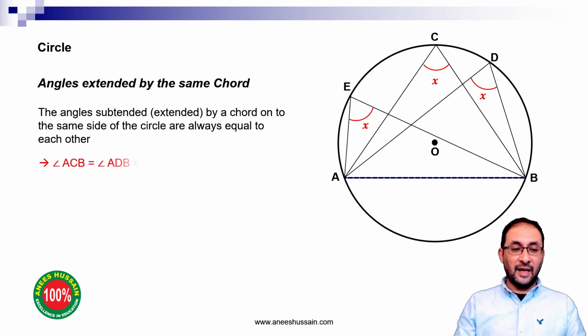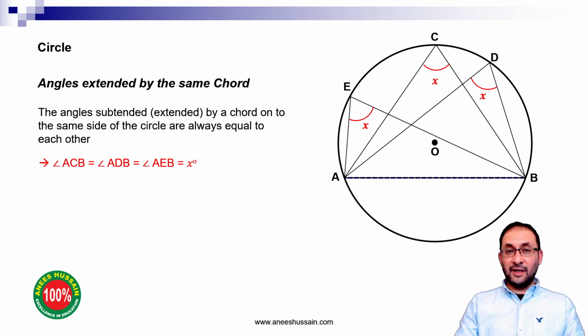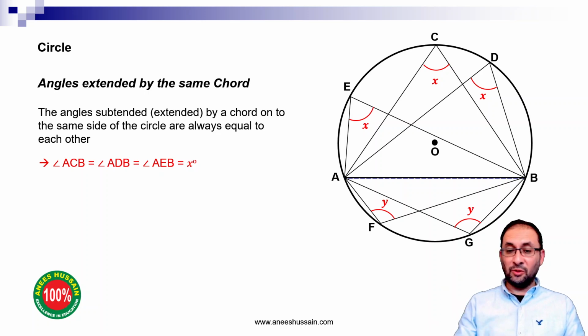So therefore, angle ACB equals ADB equals AEB, and they're all equal to X degrees in this case. And if the angle had been subtended on the other side, for example, if I take angle AFB and that is Y degrees, then any other angle subtended on this side will also be Y degrees. So we can say that AFB and AGB are equal, and they're both equal to Y degrees.